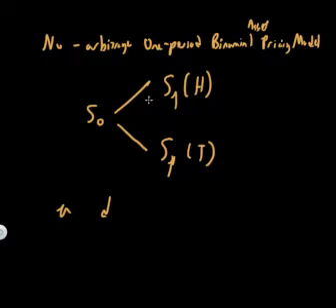The up factor is the value the stock at a previous time, in this case time 0, is multiplied by when the coin rolls heads, and the down factor is the value which the stock is multiplied by when it goes down. So this is what we have.